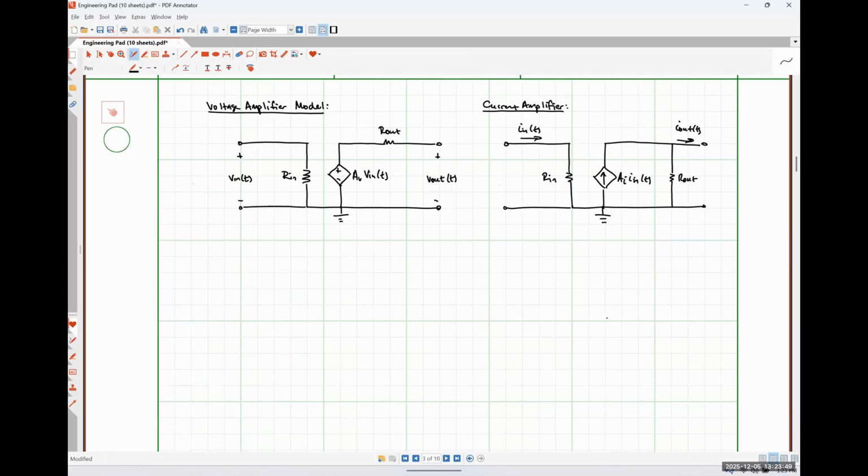For our transconductance amplifier, it's just going to look like a combination of these two, where the input side is the same as the voltage amplifier and the output side is the same as the current amplifier.